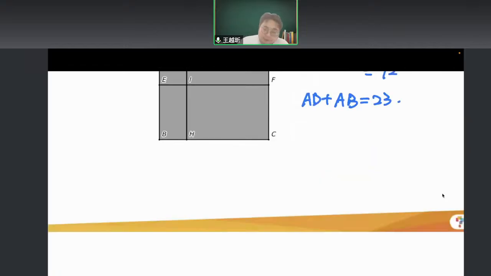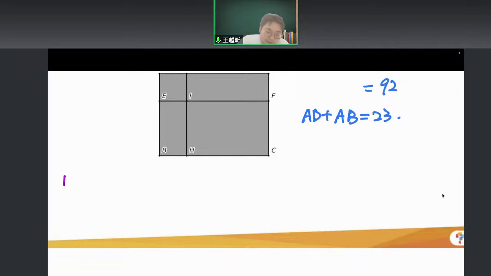So we need to think about the first step. I use P to represent the perimeter. If P of AEOH equals to 20 and is a square, which means AE equals to AH equals to 5.